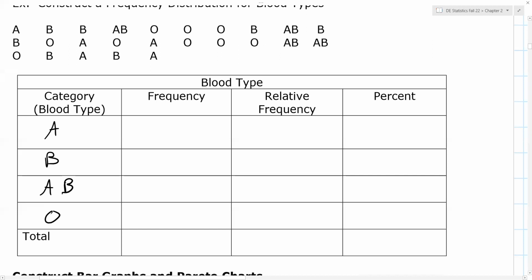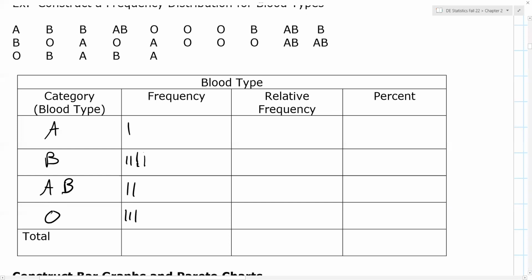Some people want to go through and find all of the A's first. The way I tend to do it is I'll go through and I'll see, okay, there's 1 A, we have 2 B's, we have an AB, then 1, 2, 3 O's, another B, an AB. There we go.